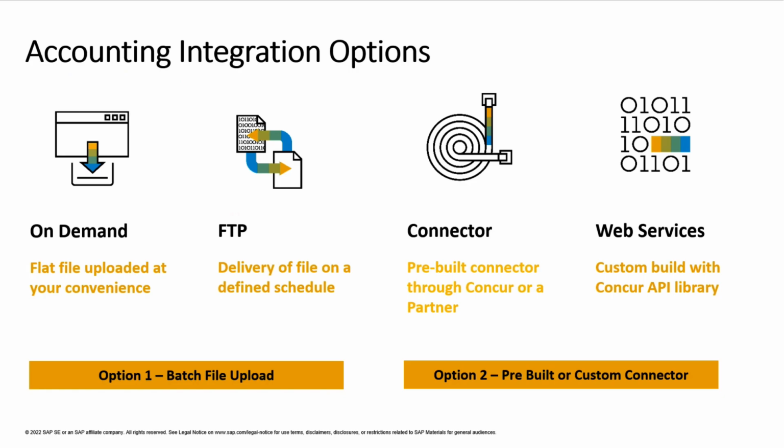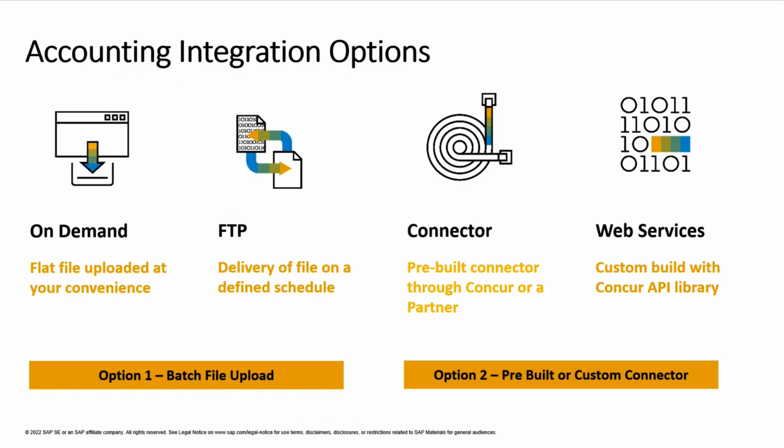Ultimately, we need to get that data back into your accounting system. We can provide that accounting information in a couple of different delivery methods. Most commonly used, and at no additional cost, would be a file. During Concur's activation, we work with your team to configure that output file that has all the information you need, ordered in the right format, so that every time you download or have that file delivered, you can seamlessly upload it to your accounting system.